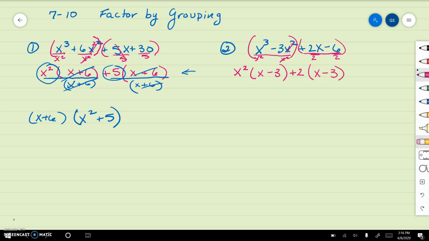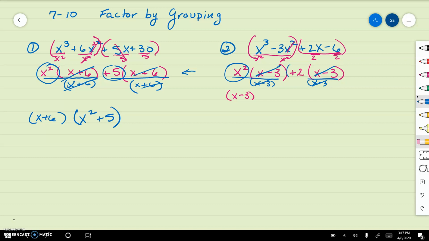Look how exciting that is. Now we have x minus 3, x minus 3. That is our greatest common factor now. What I mean by that is I can divide each term by x minus 3. The x minus 3's cancel out.